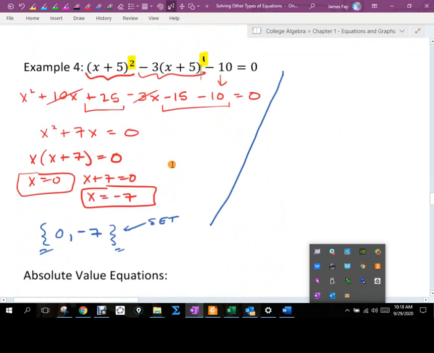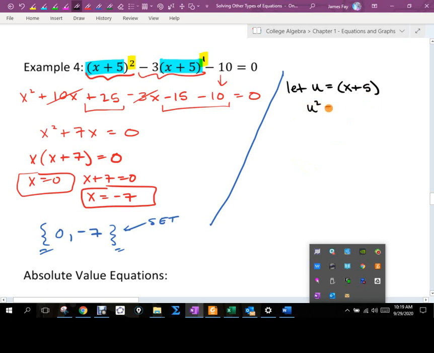So I know that I can factor this, and we can use U substitution, because this thing here and that thing there are the same variable, right? Or variable term. So what I'm going to do is let U equal x plus 5.